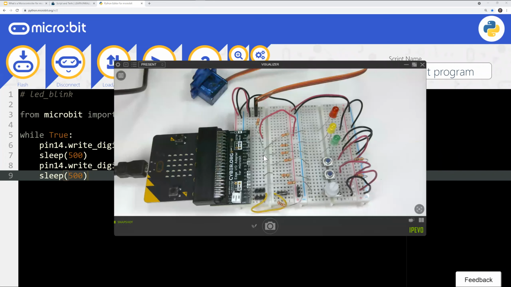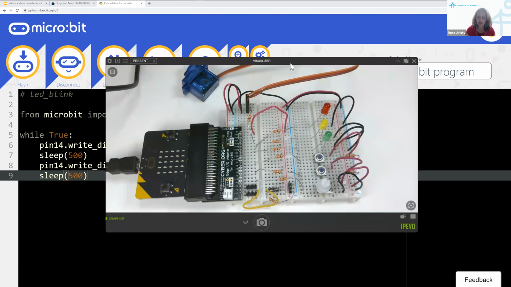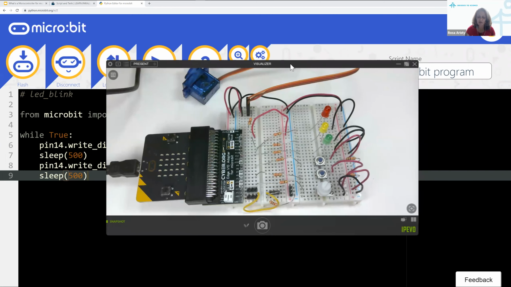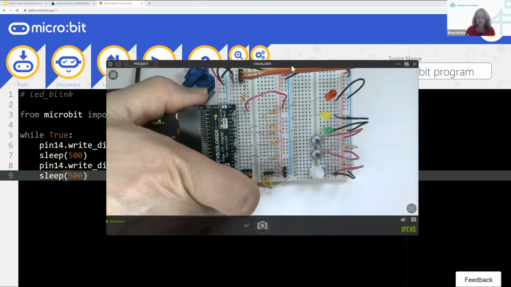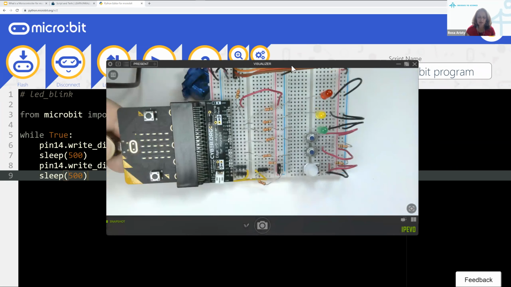The green light should be connected to P13 and the yellow to P14. You have the yellow one on P14, right? Yes. Okay, so right now, oh, that's weird. It's the green one that's blinking.